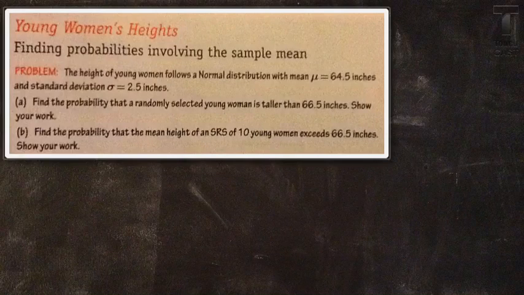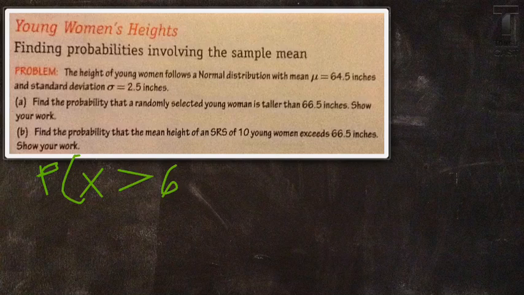Alright, for part B, they want us to find the probability that x bar exceeds 66.5 from a SRS with n equals 10.